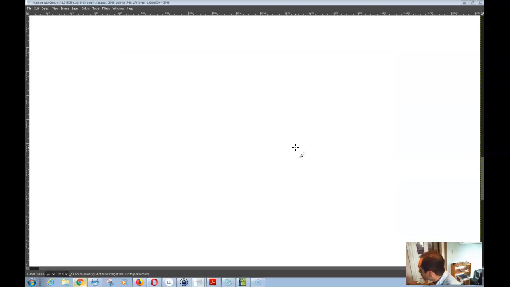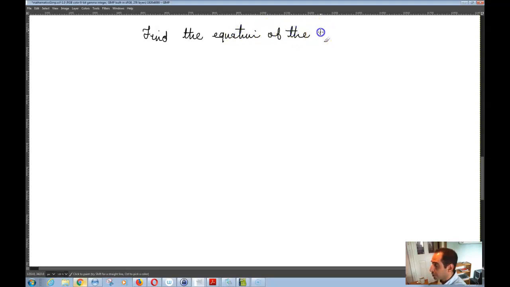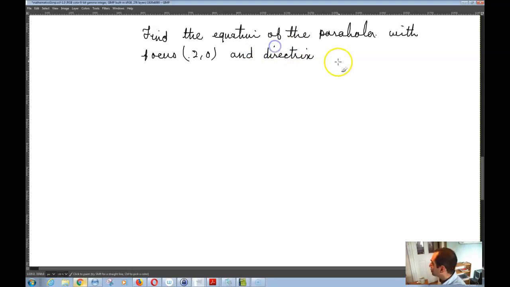Okay, so the next question that we have is, you want to find the equation of the parabola with focus (2, 0) and directrix x is equal to -2.